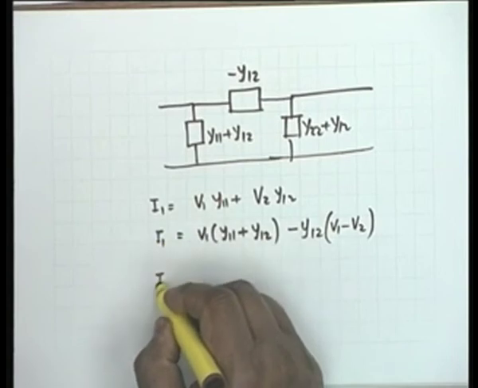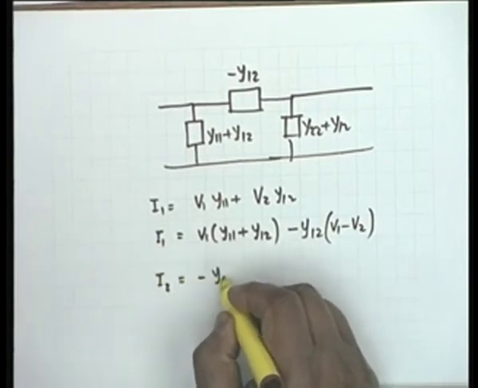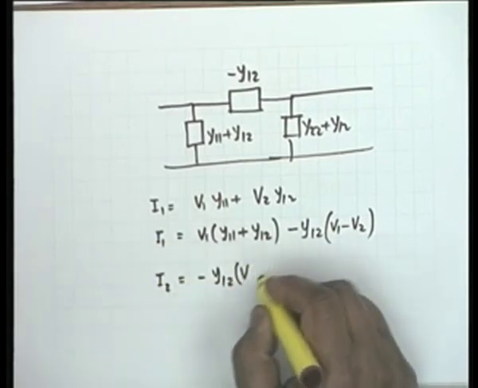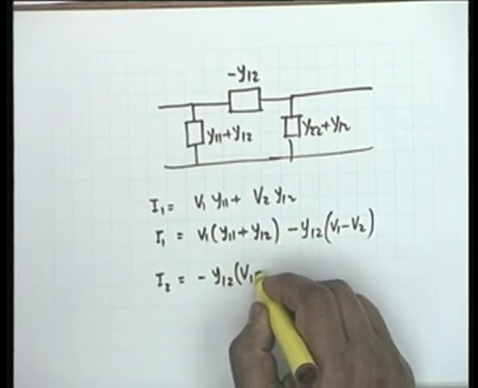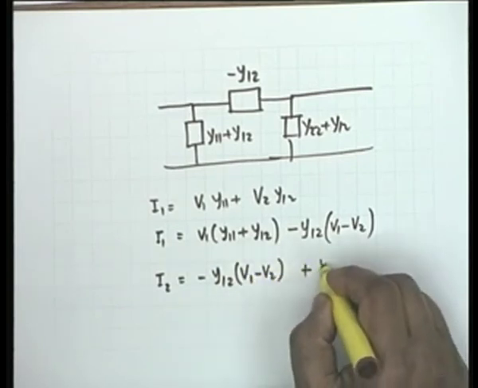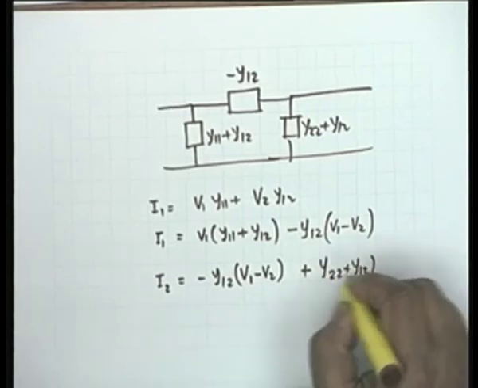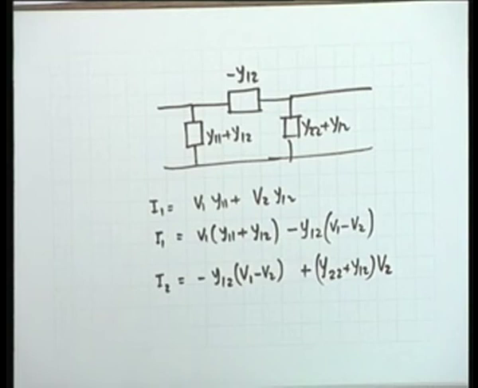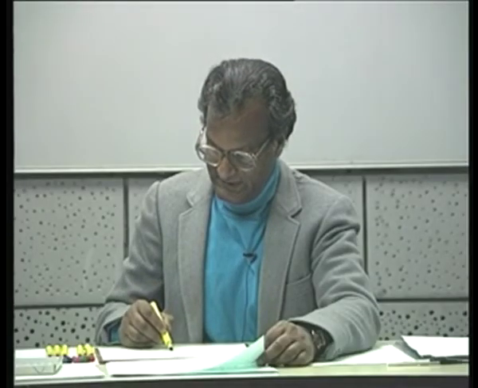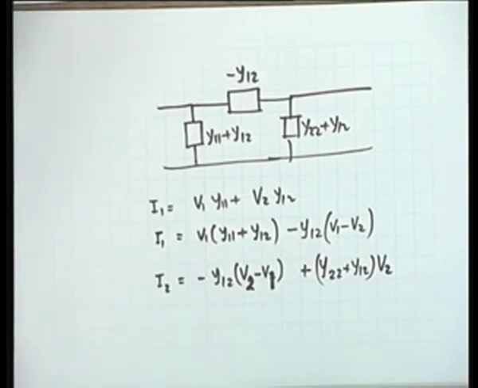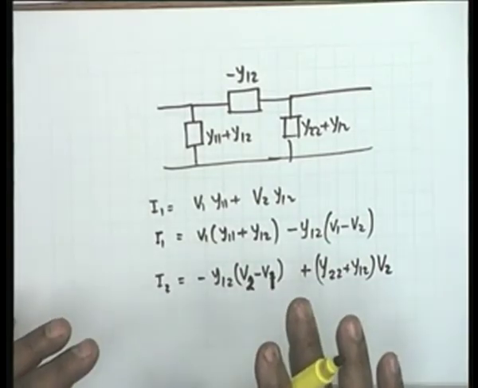This is I1, and I2 I can write as minus Y12 times (V1 minus V2) plus (Y22 plus Y12) V2. Is that okay? No, this would be V2 minus V1. That is correct. Is it okay? All right.